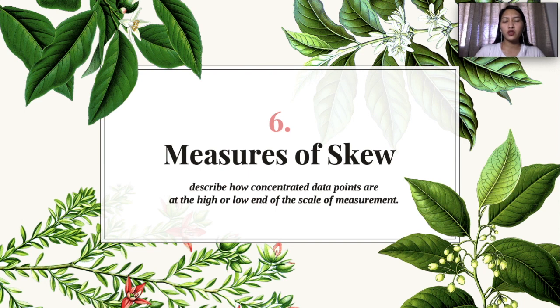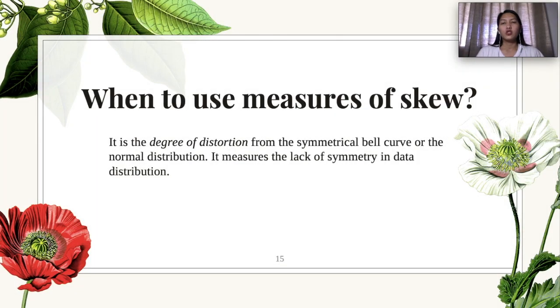For the measures of skew naman, it describes how concentrated data points are at the high or low end of the scale of measurement. So, ang measures of skew, ito yung degree of distortion, kung gaano siya ka-distorted yung data natin from the symmetrical bell curve. So, yung standard palagi natin is the symmetrical bell curve. Okay, I guess ito ay na-discuss ninyo sa inyong algebra, if I'm not mistaken, yung bell curve or the normal distribution.